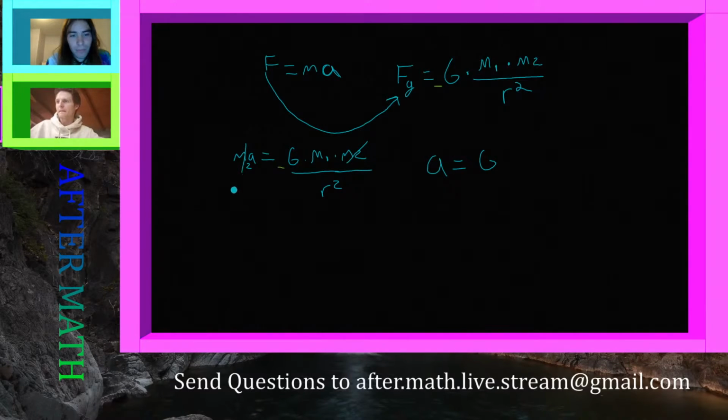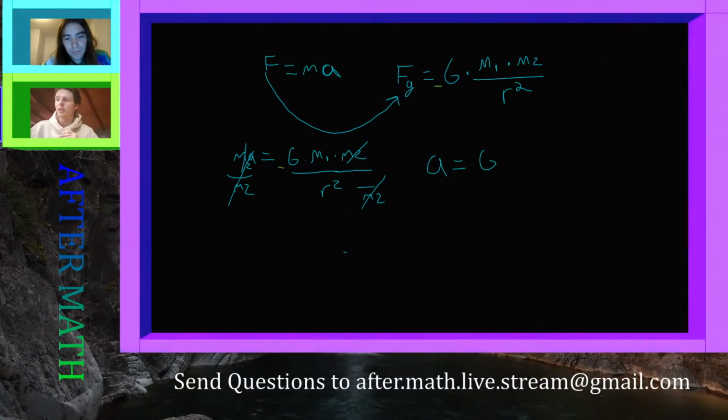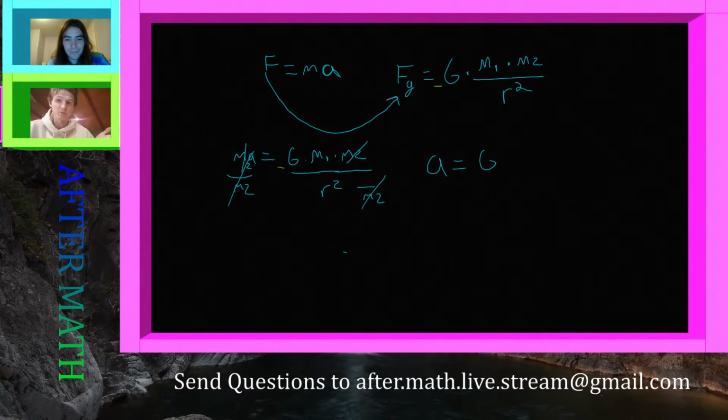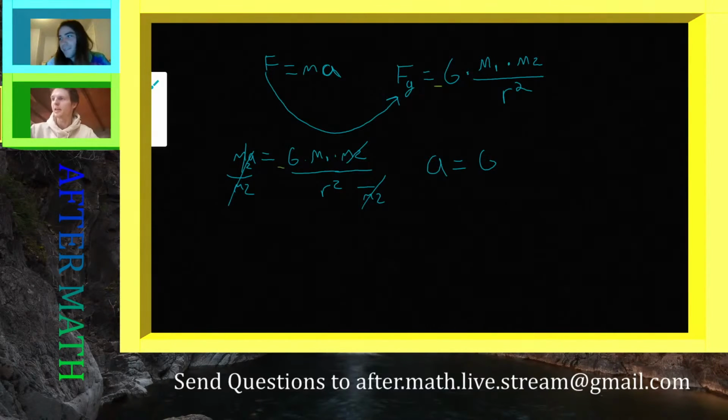But the reason for that is if we're trying to get acceleration by itself, we can divide this M2 on both sides. So we're using inverse operations to divide M2 on both sides, and then it just cancels out. Anything divided by itself equals 1, and 1 times anything doesn't change the problem. Okay, cool.